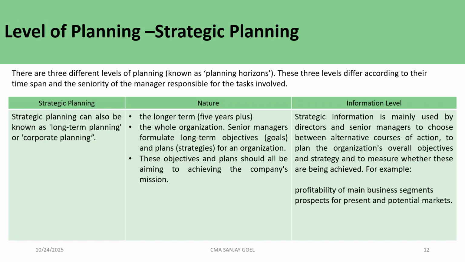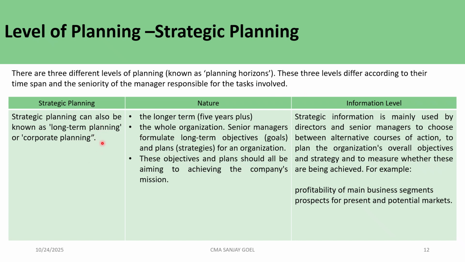Level of planning. There are three different levels of planning. These three levels differ according to their time span and the seniority of the manager responsible for the task involved.